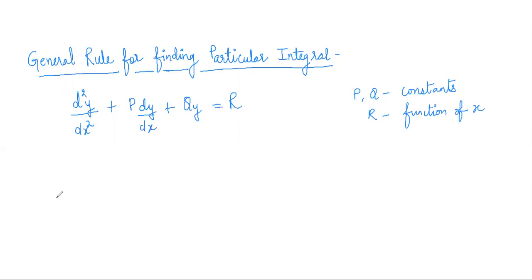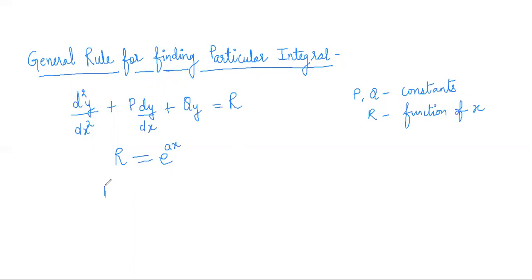So we have discussed some rules. If I discuss those rules again in brief, we have discussed the rules for some particular cases. We have considered that if r is equal to e raised to power ax, then how we can find the particular integral.